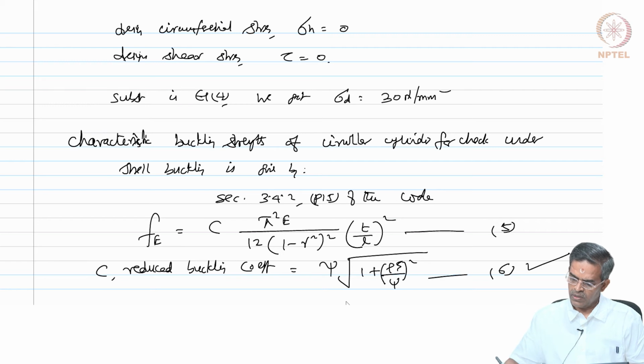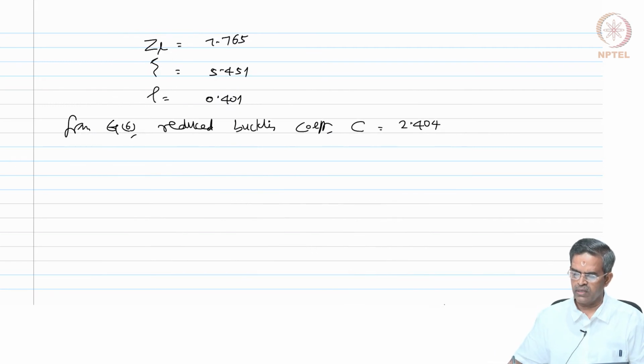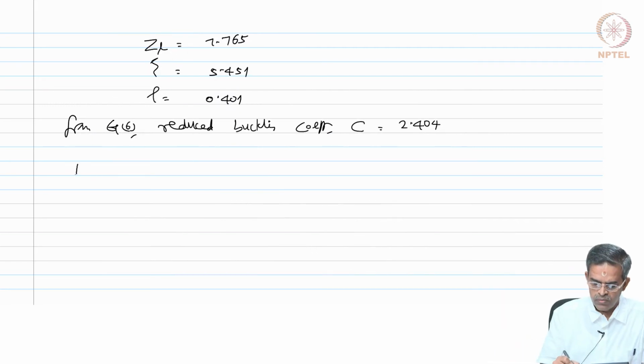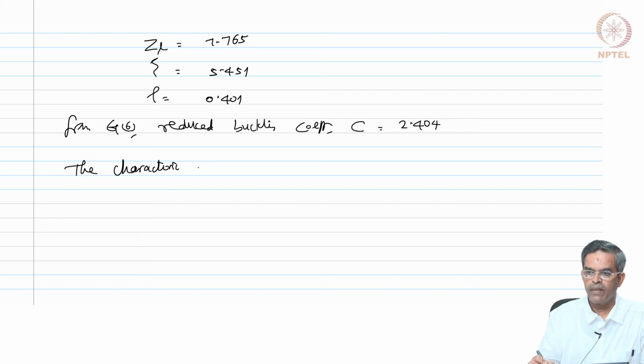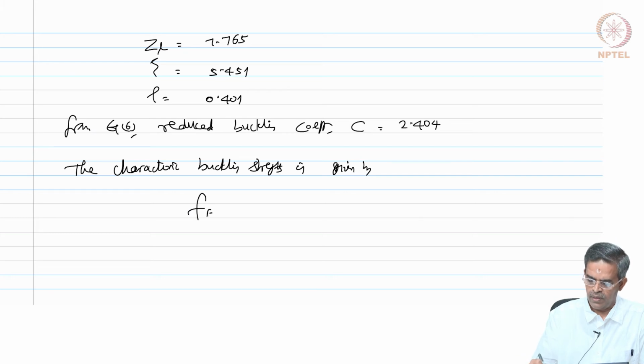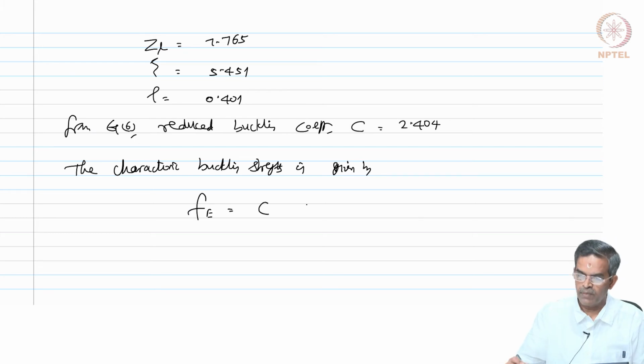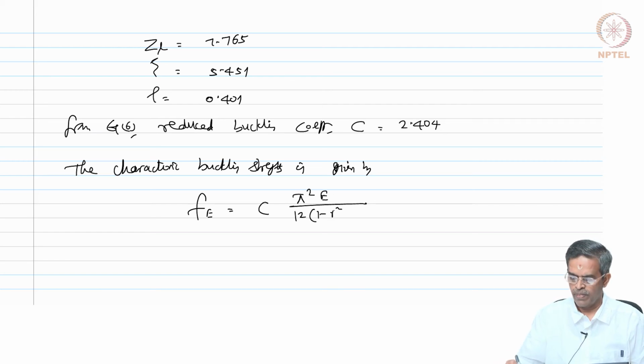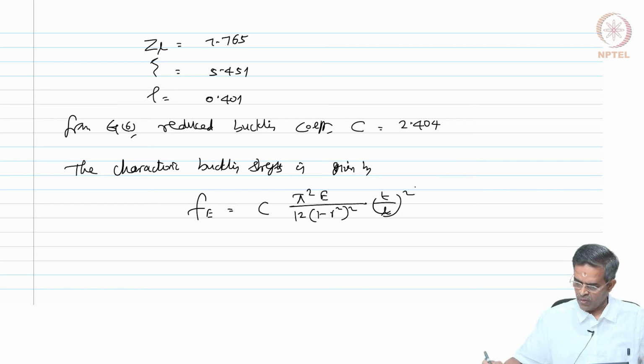You can see here in this equation, we know all the values, you can substitute and get C. Now, the characteristic buckling strength is given by Fe, which is equal to C times of pi square E 12 1 minus nu square of square T by L the whole square. Is it not? That is the equation we have.